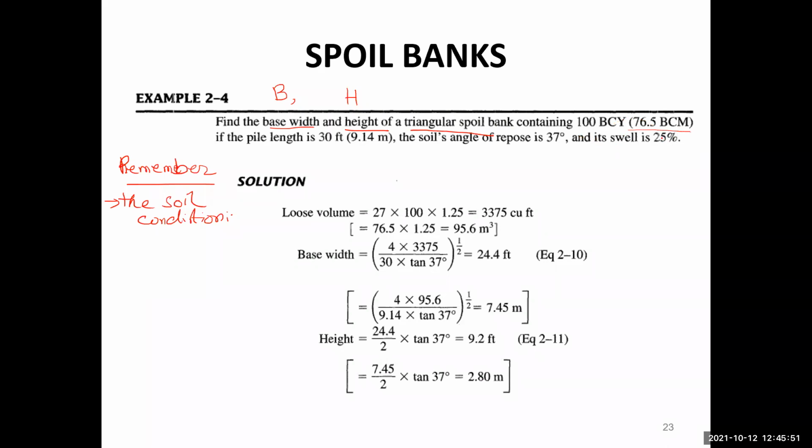Okay, 76.5 bank cubic meter. But from this bank cubic meter, we have to convert it into its loose condition, because the spoil bank will be in the form of the loose condition. So you cannot simply use this bank condition to find the width and height of the spoil bank in this case.